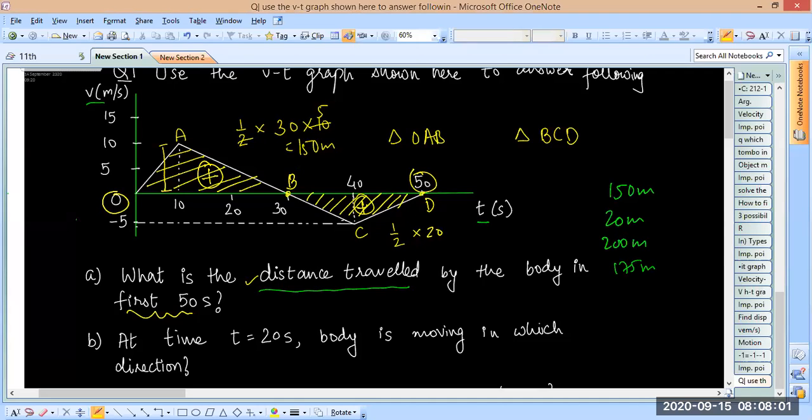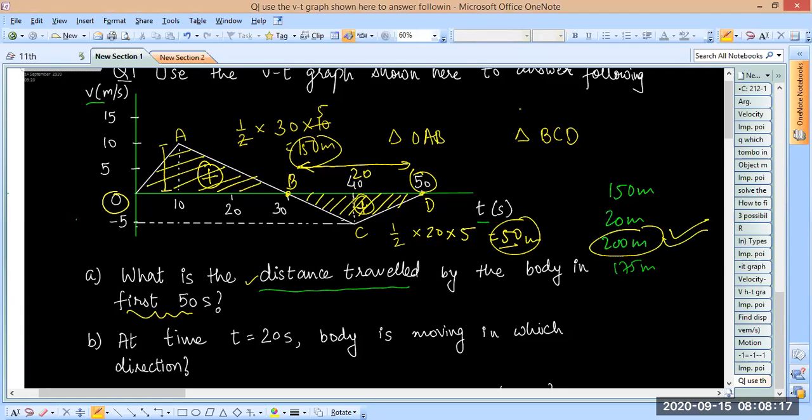I hope you realize this base is 20, correct? And the height is 5. So that's going to be 50. So the final answer is, all right, that's the correct answer. So well done, all of you who got it right. Congratulations.